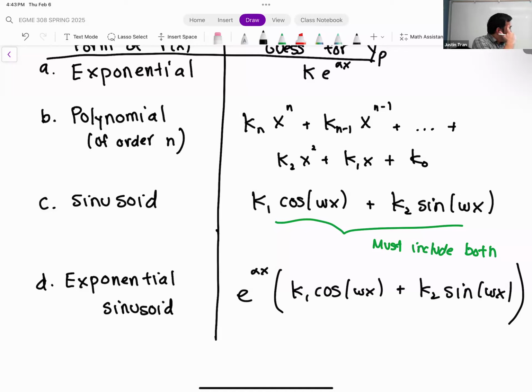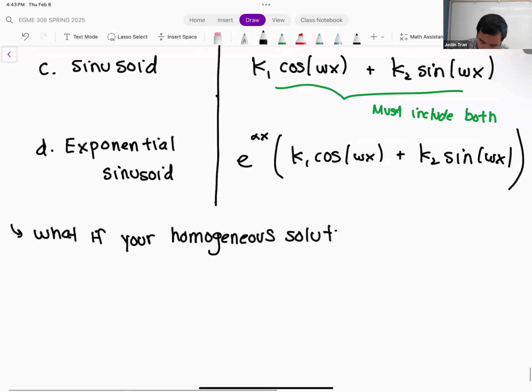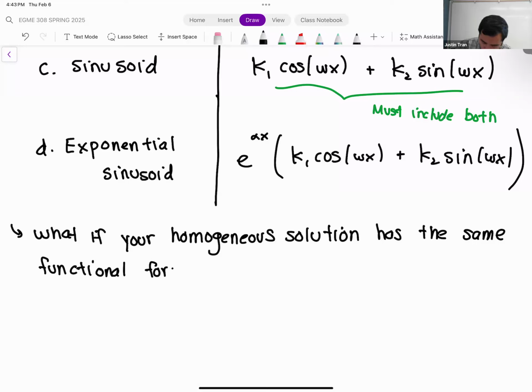A special case comes up when your homogeneous solution has the same functional form as your guess for YP. It could happen.